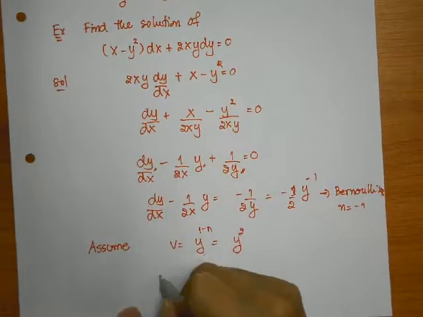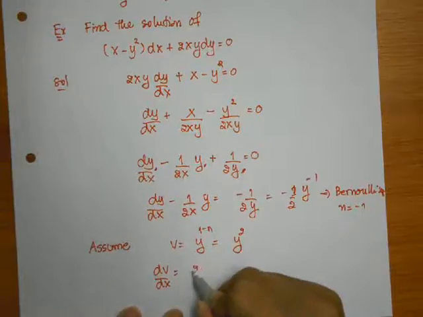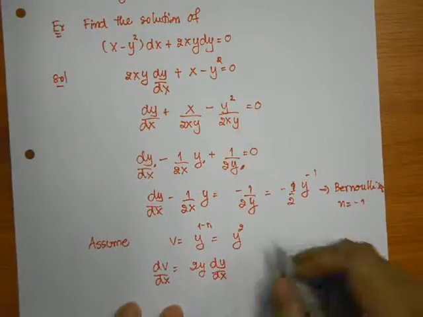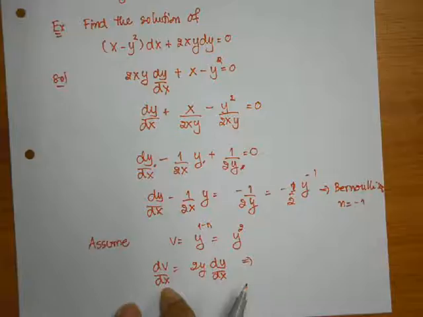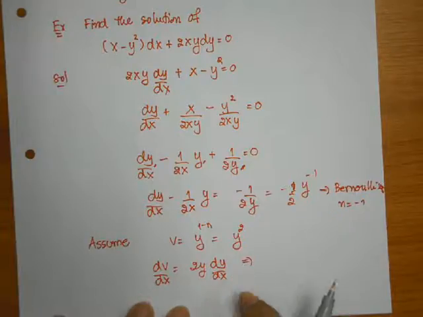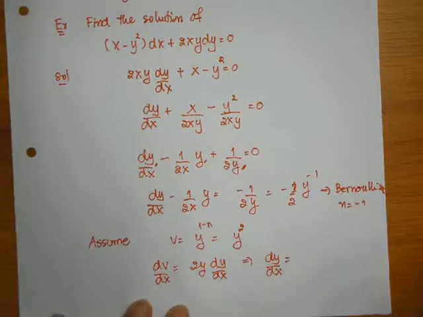And then you differentiate, which is equal to 2y dy by dx. First, you want to change dy by dx into terms of dv by dx in your equation. So after you differentiate, you rearrange the equation so that dy by dx is a function of dv by dx.